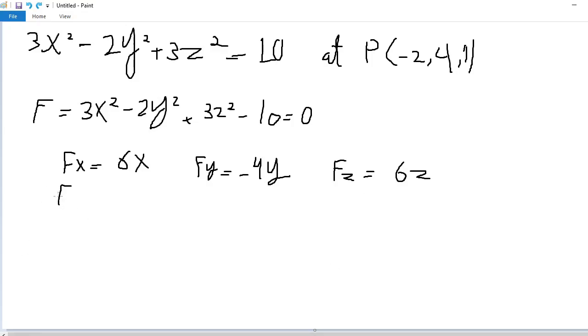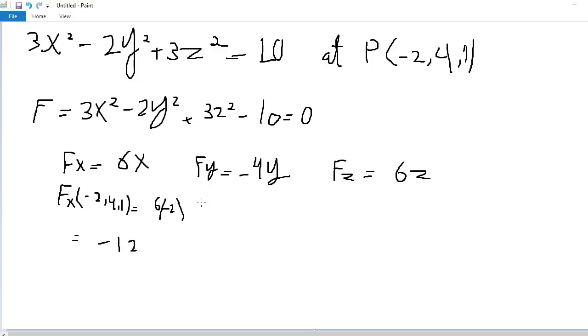So let's take the derivative with respect to x right now. Let's say, for example, fx at negative 2, 4 and 1. Okay, so we will insert only the negative 2 here. So we will say 6 times negative 2, so it's going to be negative 12.